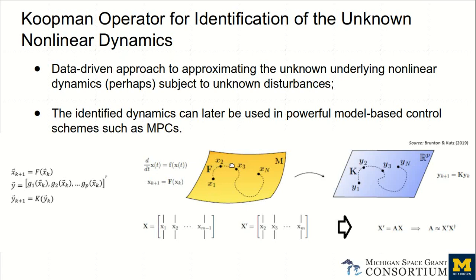Specifically, if we have a nonlinear dynamical system with the unknown flow F, and we have a bunch of measured data captured via the data snapshot matrices X and X prime, the idea of the linearized dynamics approximation using the Koopman operator theory is finding a matrix A that can approximately capture the flow of data under the nonlinear dynamical system whose dynamics are unknown.